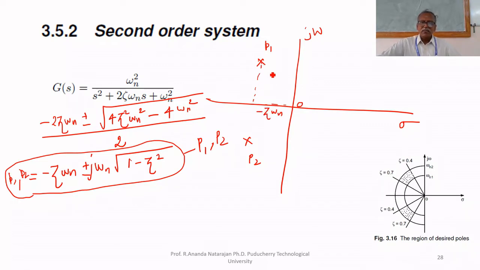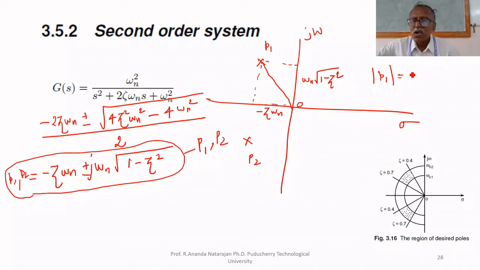This height is omega n square root of 1 minus zeta square. What is the distance here? Square root of these two. That is the distance modulus of P1.